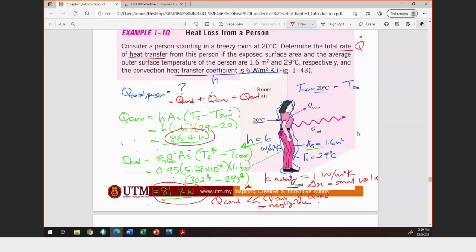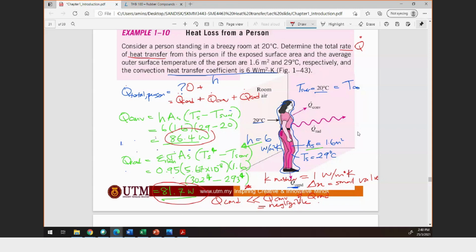So you cannot neglect the heat transfer by convection and radiation if you want to calculate the heat released by a person. In total, the heat rate for one person, let's say Q conduction we assume 0 because it's very small. If you still calculate, you will get about 1 or 2 or 3 point something.